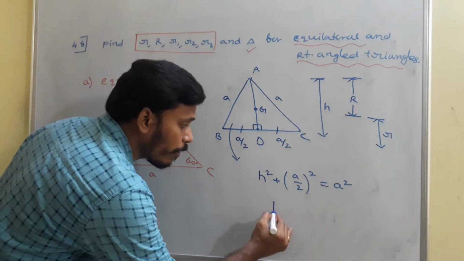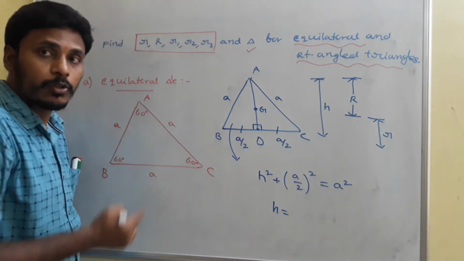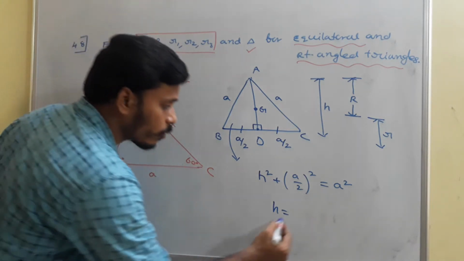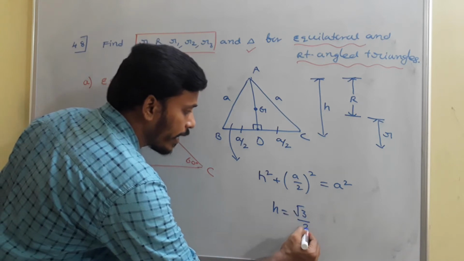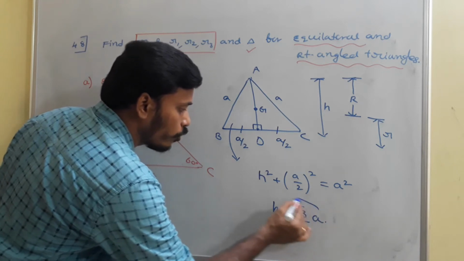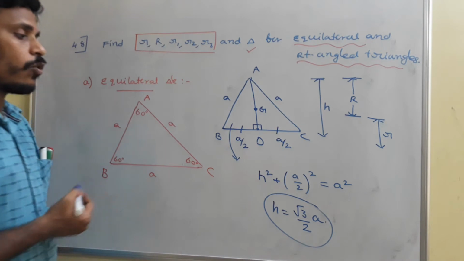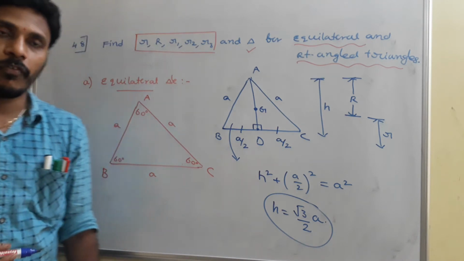From there, if you simplify, H square is A square minus A square by 4. Directly I am writing, on simplification H is equal to root 3 by 2 A.